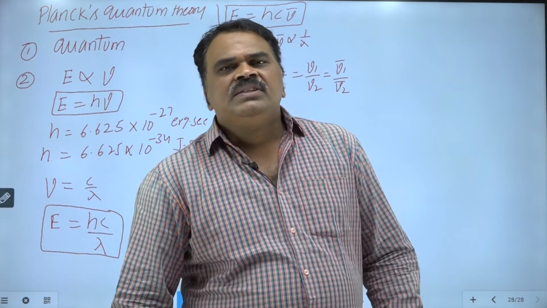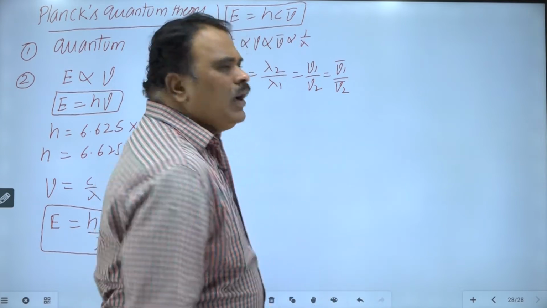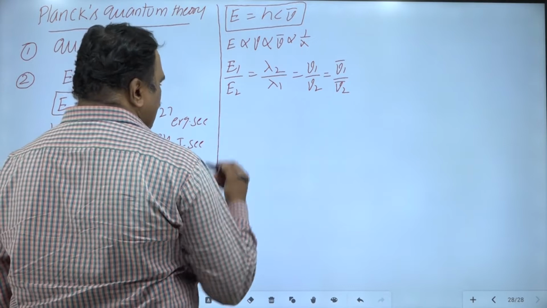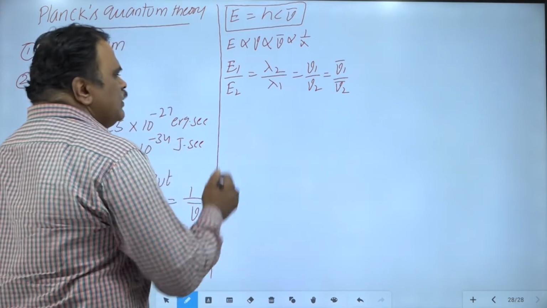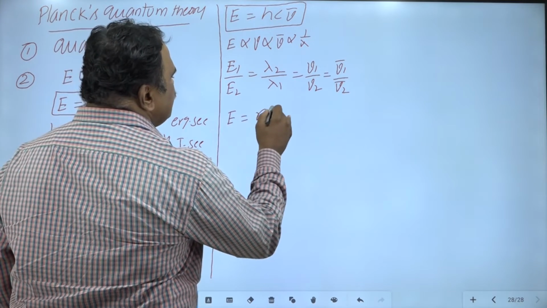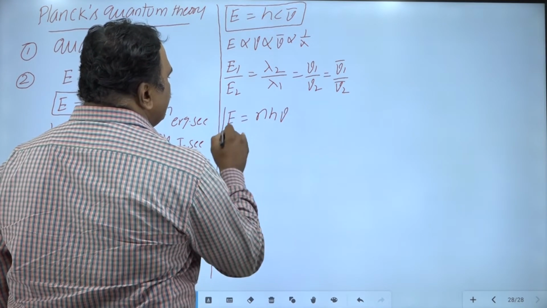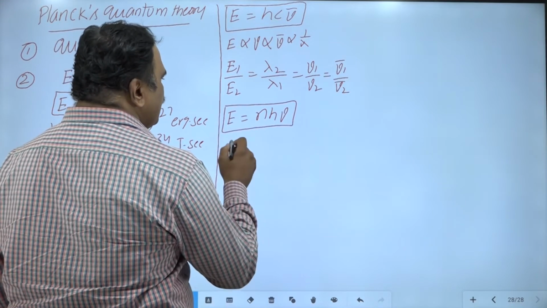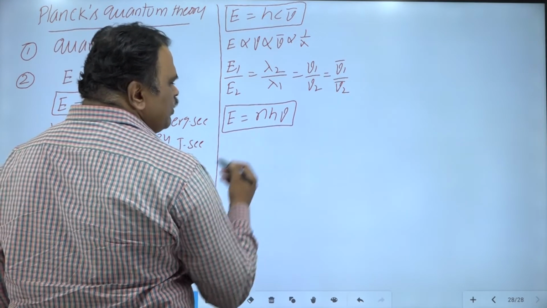The quantum energy is an integral multiple of frequency. So E is equal to n h nu, where n is equal to 1, 2, 3, 4 and so on. If n is equal to 1, E is equal to h nu.